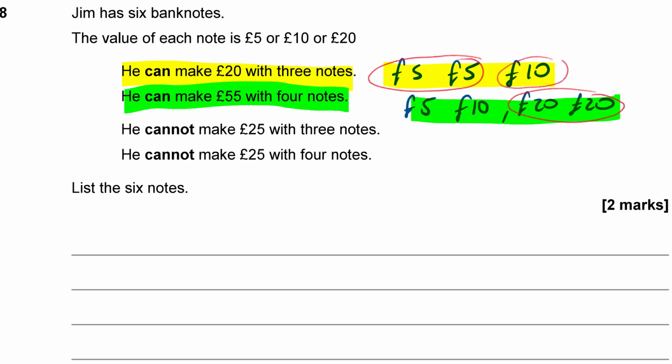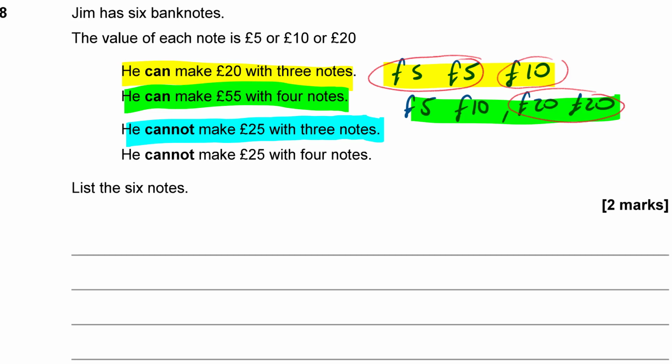So I reckon I know 5 out of my 6 notes now. I'm definitely going to have a £5, a £5, a £10, a £20, and a £20. I just don't know what other one I can have. Let's have a look at these last 2 expressions. He cannot make £25 with 3 notes. Cannot make it.